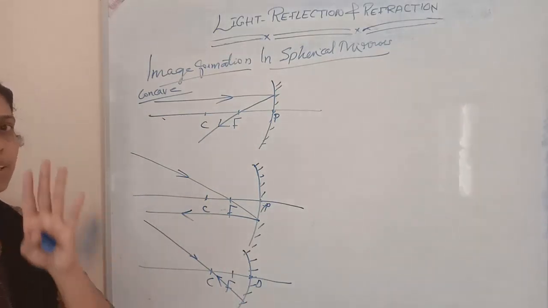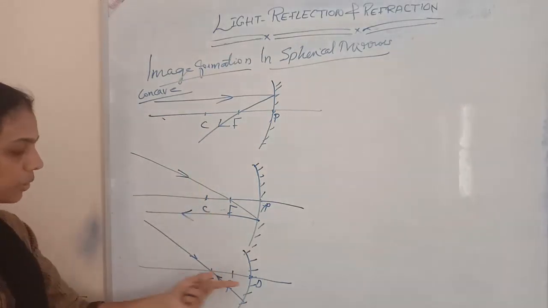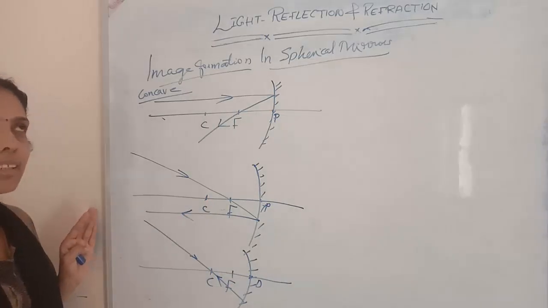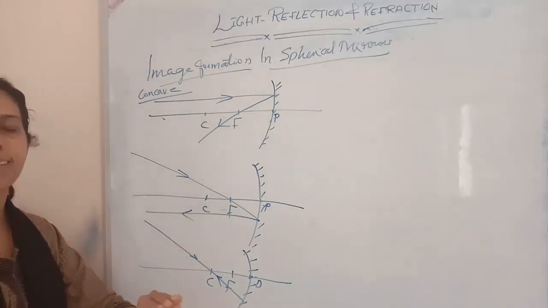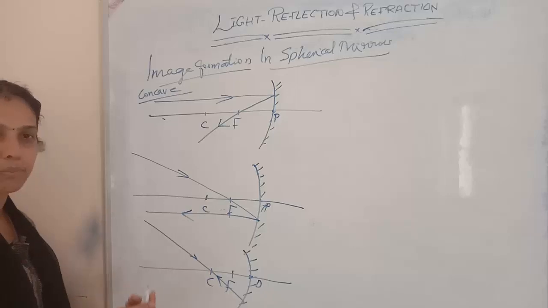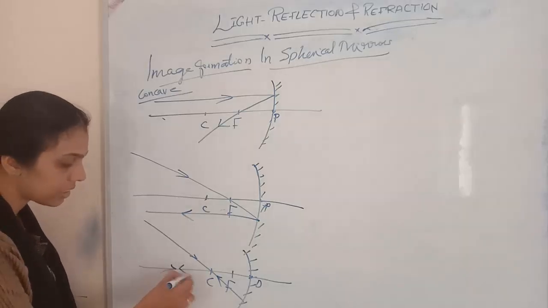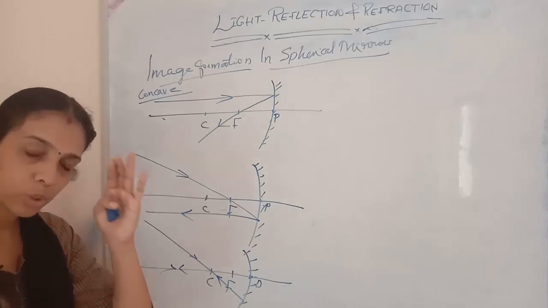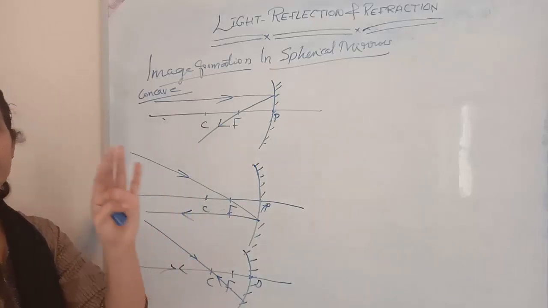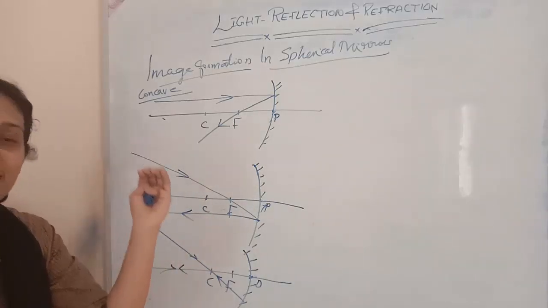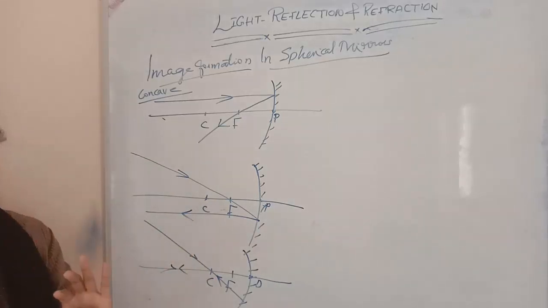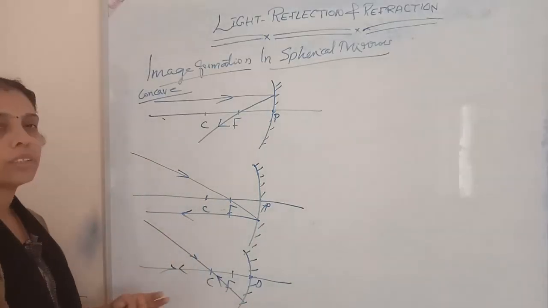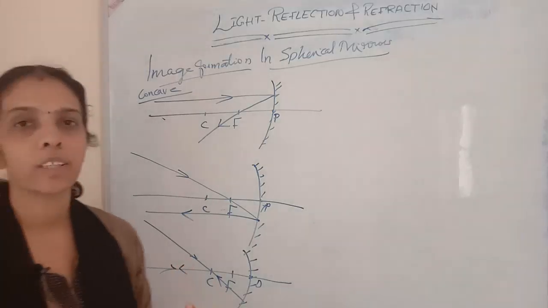That's why I told in the previous session, if you are sending a ray through the principal axis also, it will be reflecting back. So if you are giving like this, it will come back like this only. The rays which are passing through the center of curvature will be retracing their path. And one more thing, angle of incidence is equal to angle of reflection.